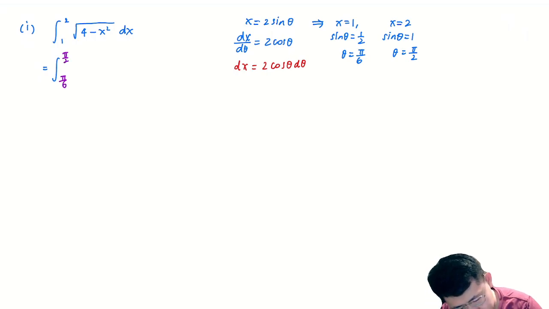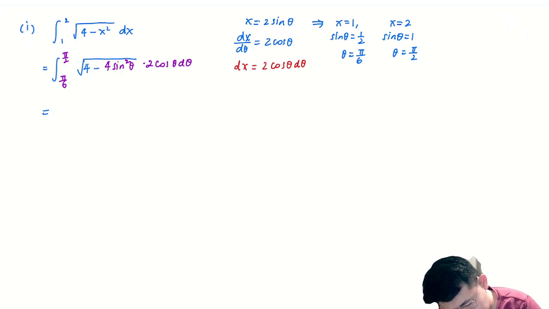Change everything in one shot. 4 minus x squared, where x squared is actually 4 sine squared theta. Now our dx, I can replace this whole thing with 2 cos theta d theta.